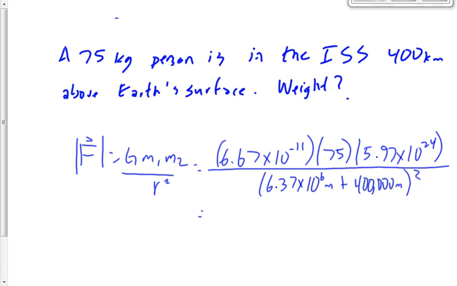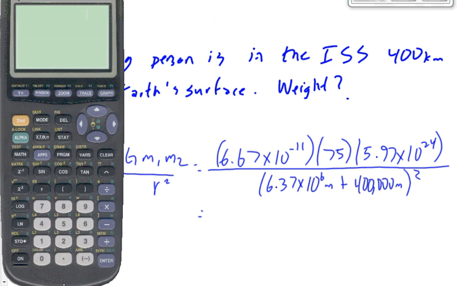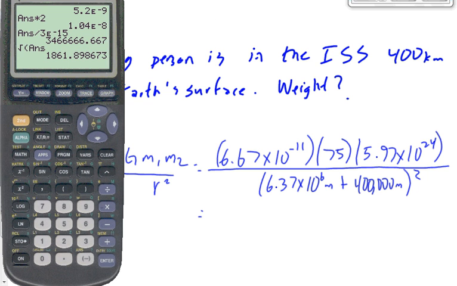Let's do this on our calculator now. See what we get here. I think so, but we'll do it on the calculator to make sure. Let's go 6.67 times 10 to the negative 11 times 75 times 5.97 times 10 to the 24. Let's press equals, and then let's divide that by, be careful to use some brackets here, okay?